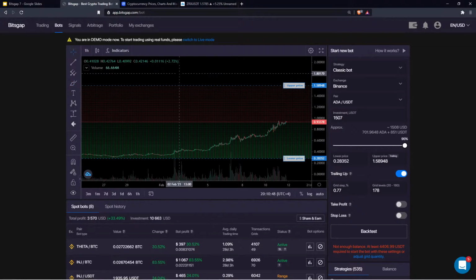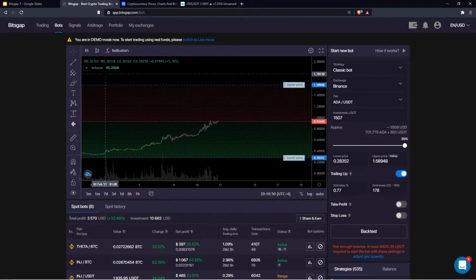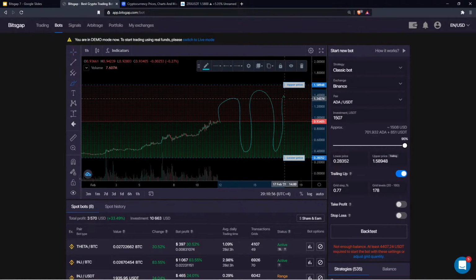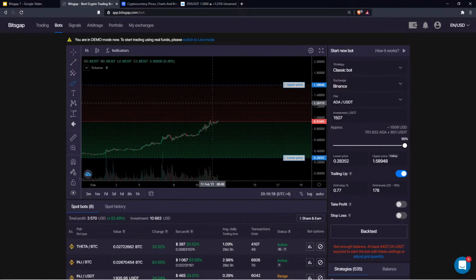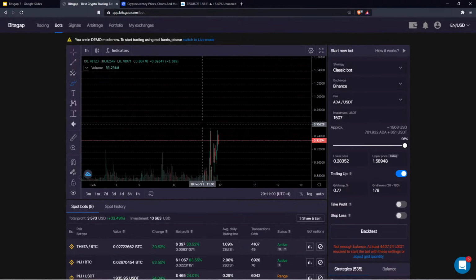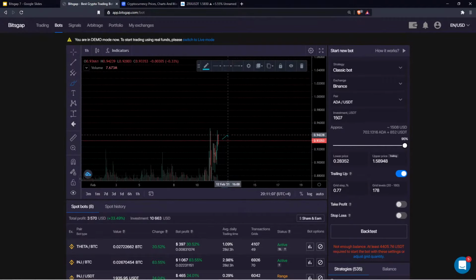So in reality, the process is pretty much never ending as long as the price stays within the trading range. All right. So once the bot executes the sell limit order, let's say this one over here, it's gonna take the cash out of the market because that's the sell order, right?